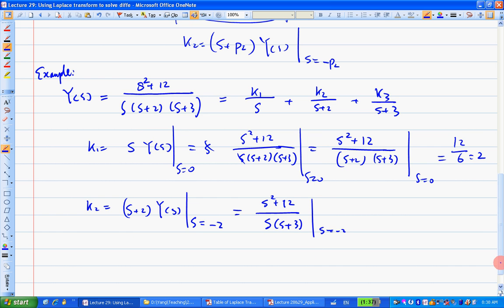Okay, so we have this one here after the cancellation. Plugging s equal to negative 2 here, let's see what we have. 2, 4, 4, 16. Negative 2, 1, so negative 2. So negative 8.